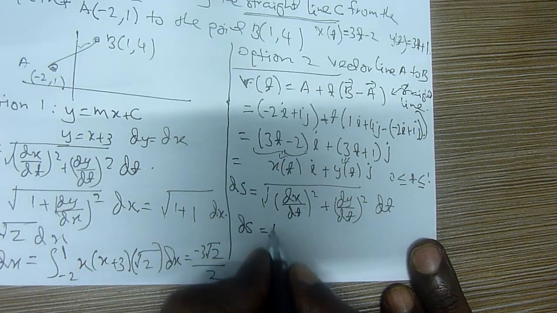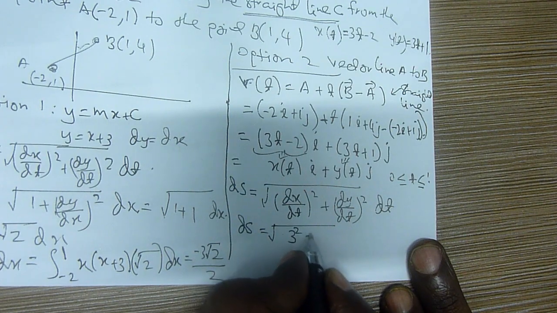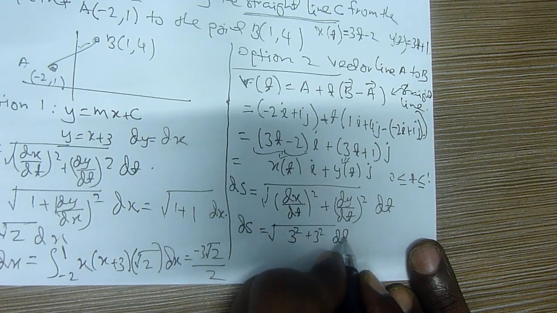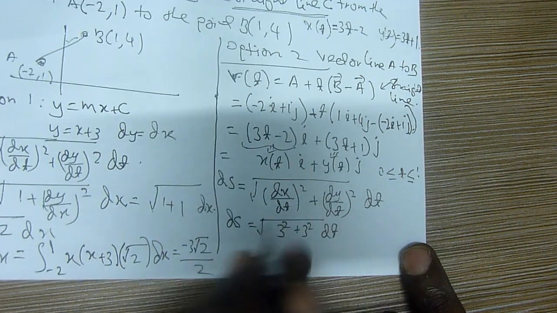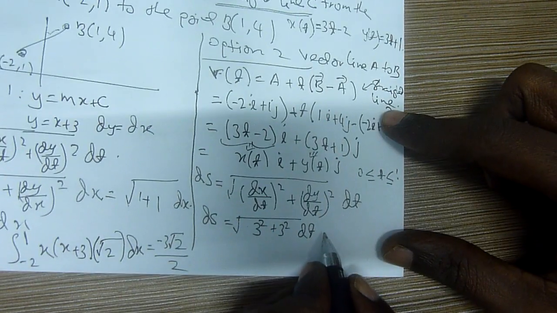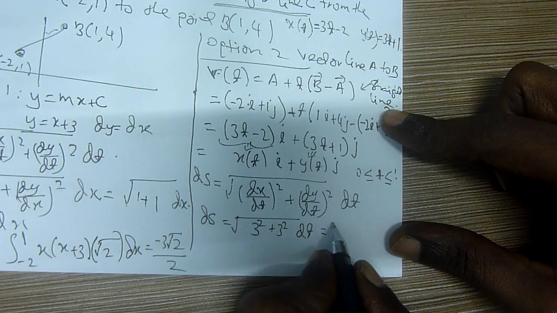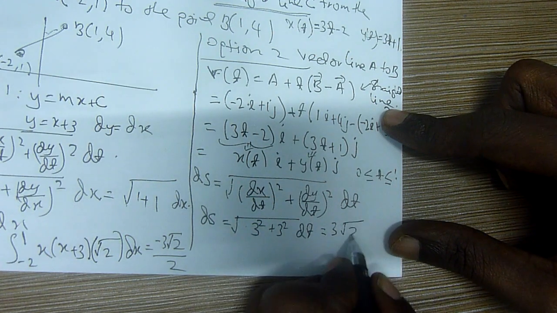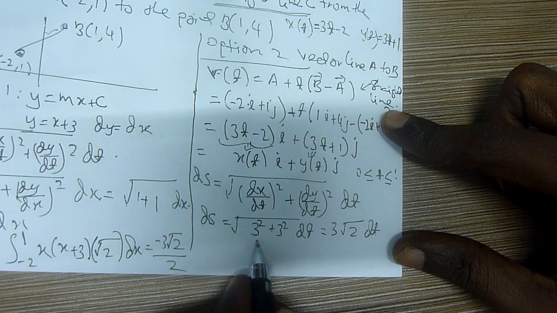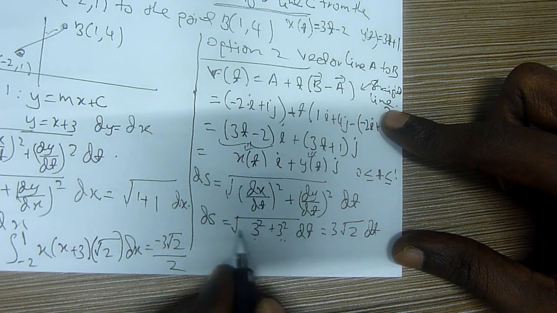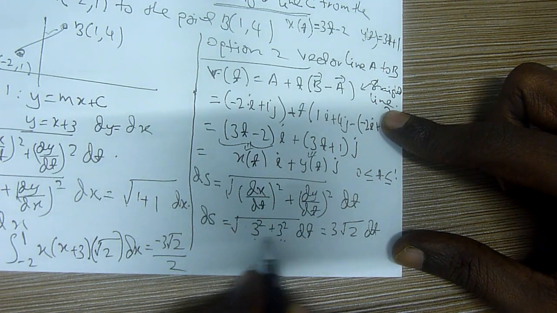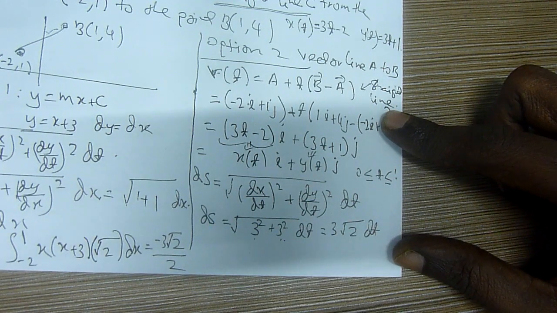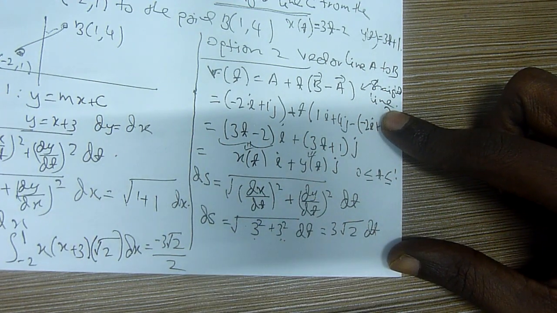Therefore the equation here is 3 power 2 dt. Therefore ds becomes square root of 2 dt, right? I take out a 3 here, then I get a 2. Solved. The ds is something like that.